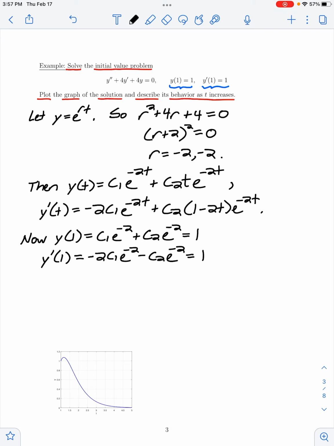So there's a number of ways I could go about solving here. One thing that I think I would do first is multiply both sides of this equation by e squared in order to simplify these equations a bit.